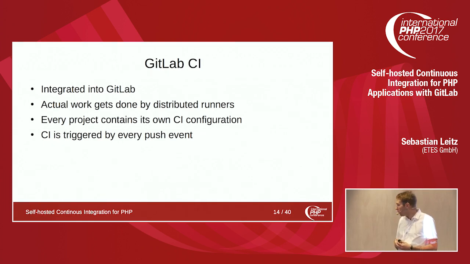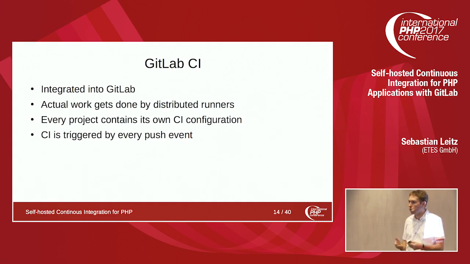So GitLab makes sure those tests we have set up are performed every time somebody pushes something to our repository. It does that by distributing the work that actually has to be done to some kind of runners which perform the tests. You can define which kinds of tests are run per project. So it's a bit different from Jenkins, where you have a separate software.